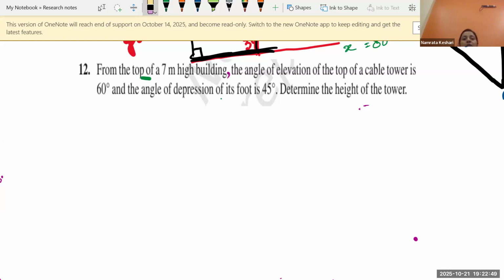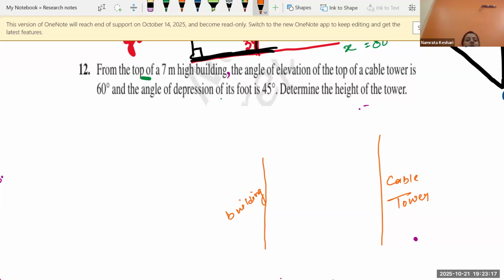From the top of 7-meter high building, the angle of elevation of top of the cable tower. Wait, a cable tower is there and a building is there. Okay, again, from the top of 7-meter high building, the angle of elevation of top of the cable tower.